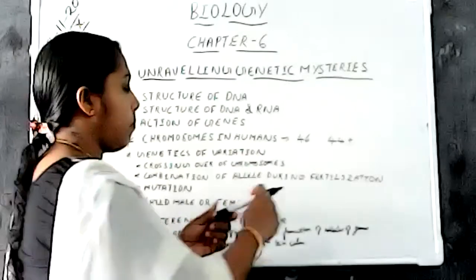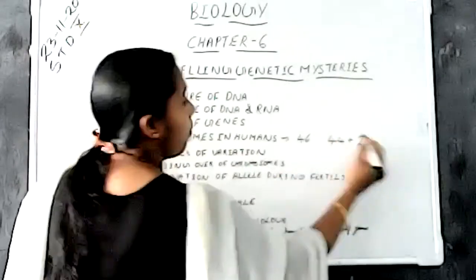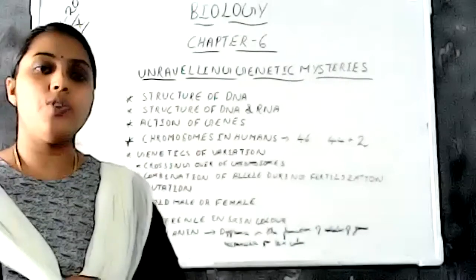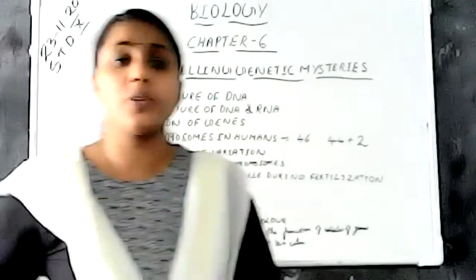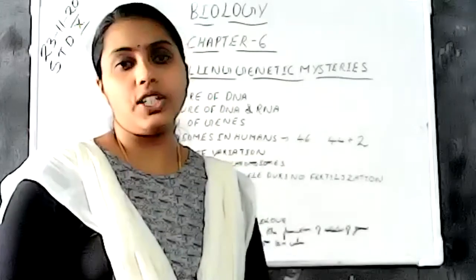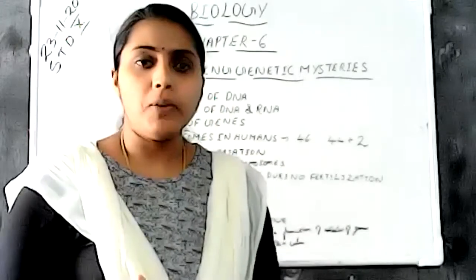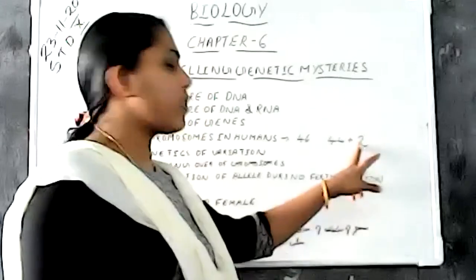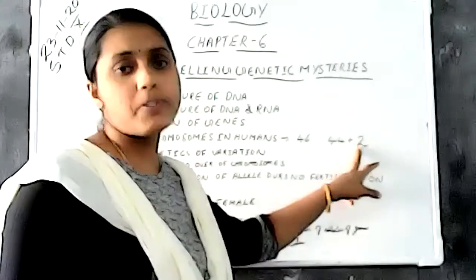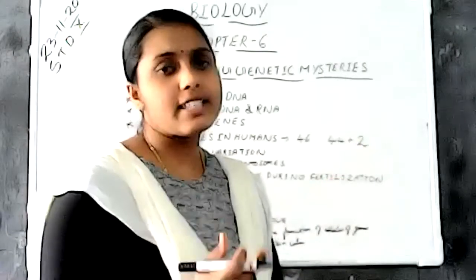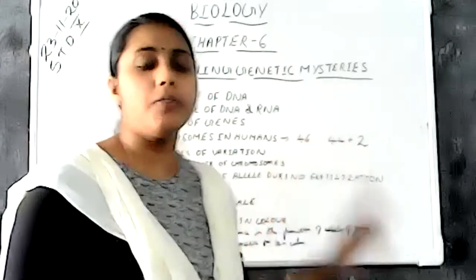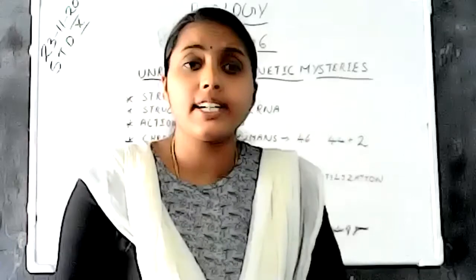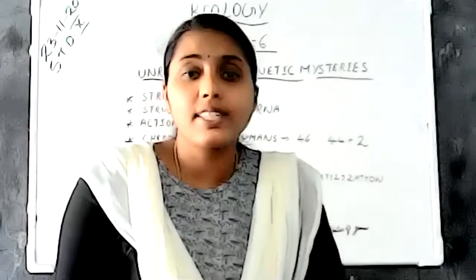So the total number is 44 plus 2. The 44 are somatic chromosomes, meaning they do the other functions. And the 2 chromosomes are the sex chromosomes. The sex chromosomes control the sexual characteristics. In female and male, the sexual characteristics are controlled by the sex chromosomes.